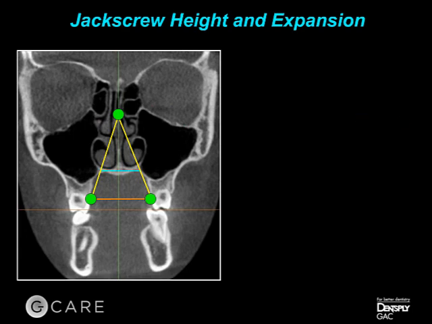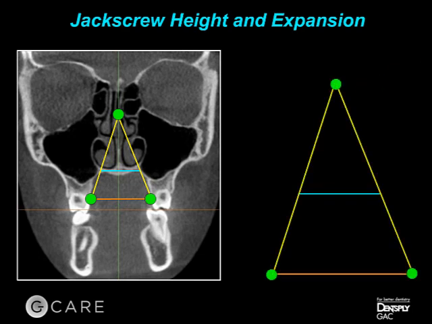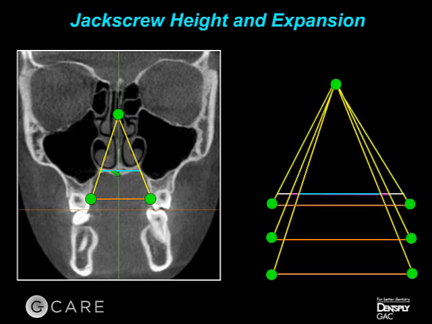So if this is where our suture is, and this is where our expansion force is applied, it would seem that as we moved that expansion distance, which is here, if we expanded this much, if we started moving that closer to the suture, we could expand the same amount, but the actual change at the level of the suture would be more the closer we were to the suture.